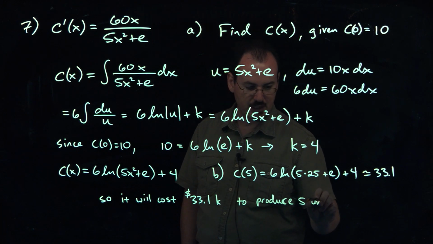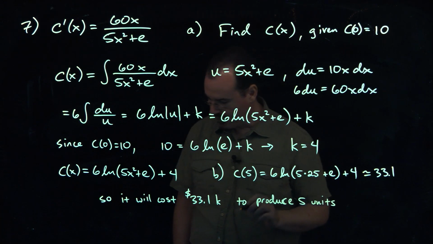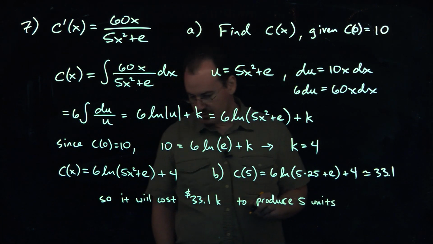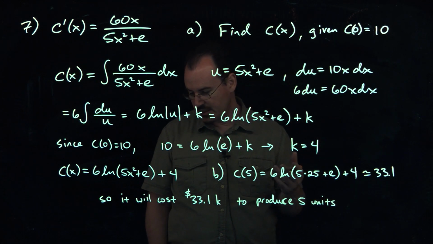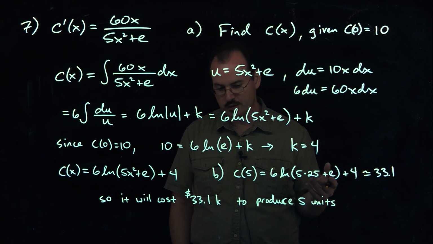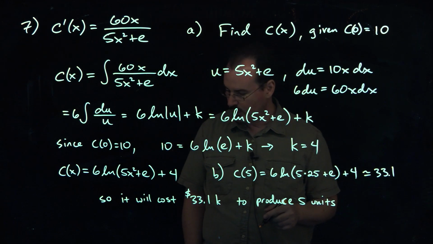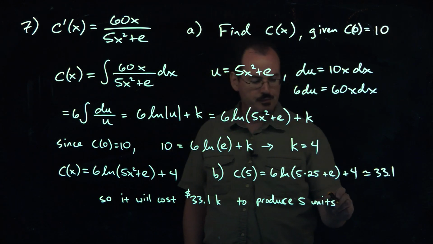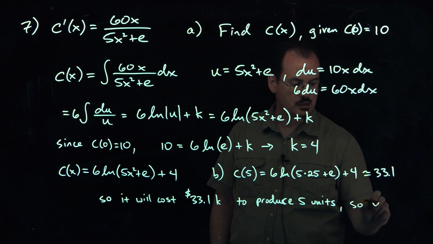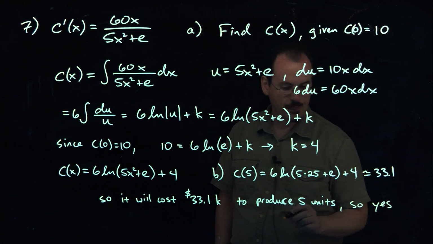Okay, so what does that mean? Well, it says in that part B of the problem, they will seek a new source of investment income if it costs more than 20,000 to produce 5 units. Well, clearly 33.1 thousand is more than 20,000, so the answer is yes, they should seek a new source of income. Okay?